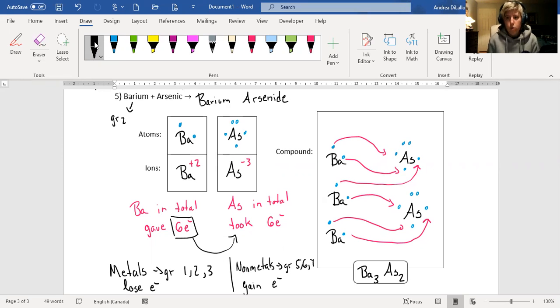And when we're forming our ionic compound, the total number of electrons is constant in the sense that all of the electrons that the metal loses, the nonmetals gain. So I hope this clarifies our ionic compounds a little bit more, and I hope that you have a great day.